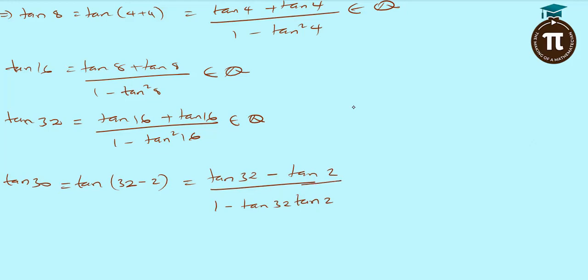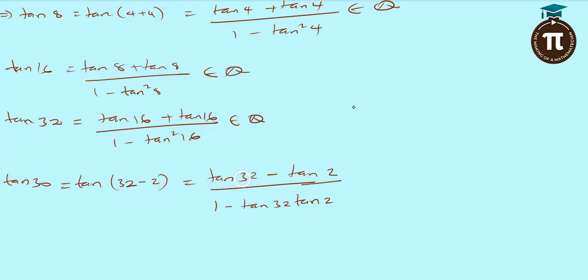Now, what am I trying to say here? Look at it. I assumed that tan1 is rational, and because of that, it implies that tan2, as I have shown you above, tan4, tan8, tan16, tan32 are all rational from the assumption. So tan30, which is equal to tan of 32 minus 2, is a rational number.